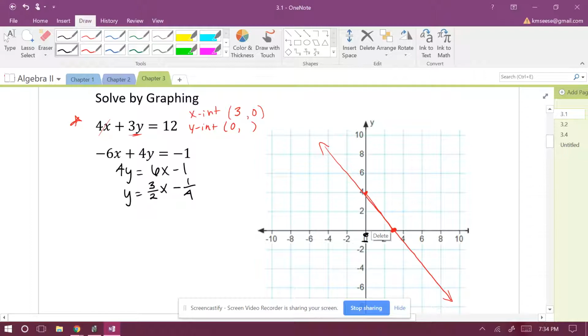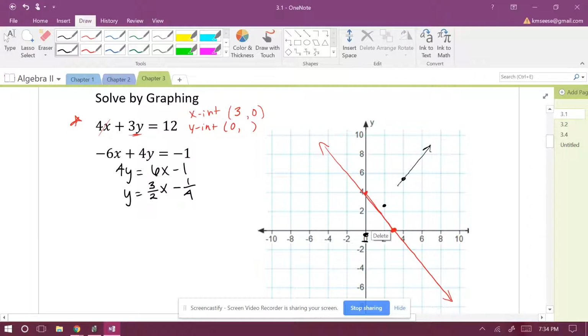So if I go up 3, about right here, and over 2, about right there.